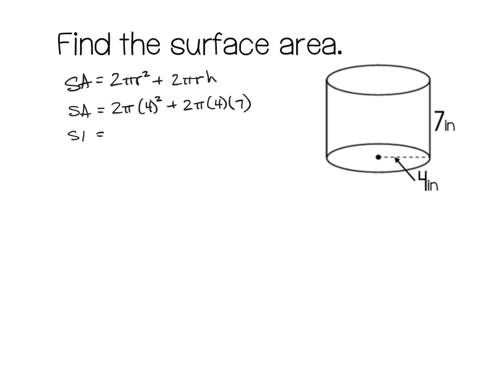Let me simplify this. 4 squared is 16, 16 times 2 is 32 pi, plus 28 times 2 is 56 pi. Now I can add that together, and I have 88 pi square inches. You can type that into your calculator if you want to round. If you do, make sure you use your pi button. But you should get approximately 276.5 square inches.